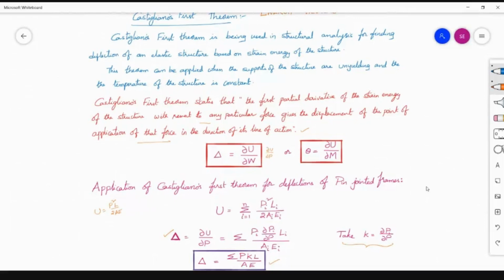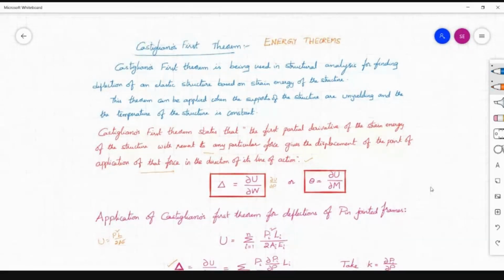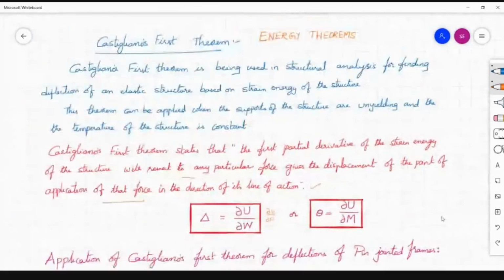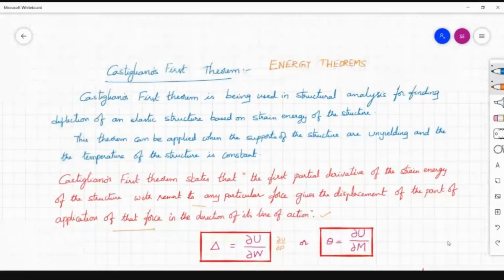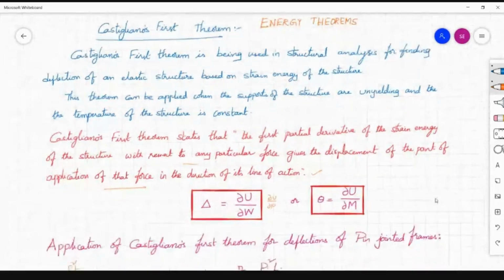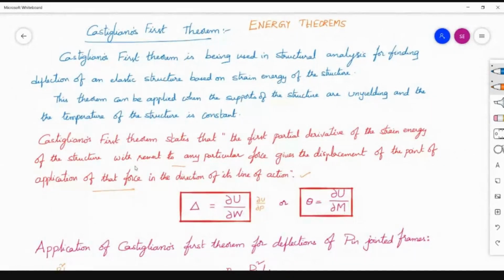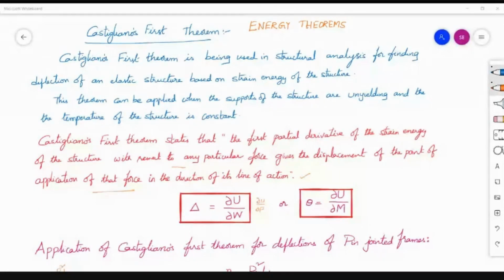Shall I wait for anyone? Please respond, otherwise we can move quickly. These points were discussed in the previous class itself. Can I move further, or shall I show you this one? If you have noted down all these points, we will go to the problem.